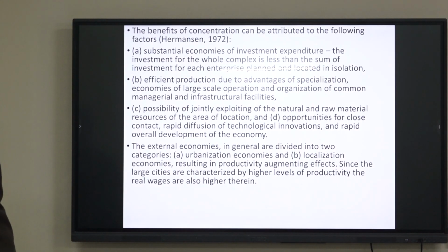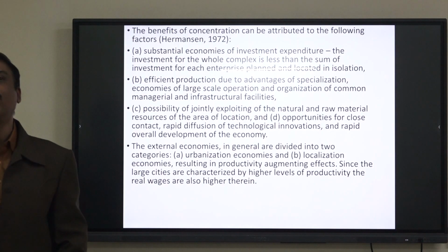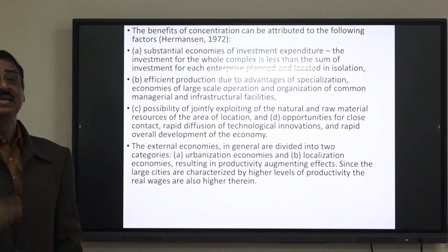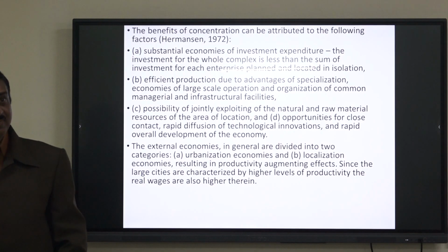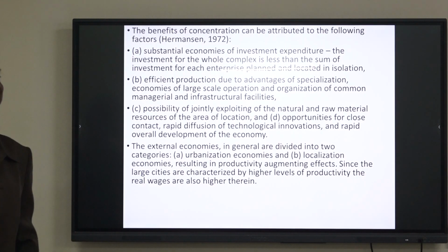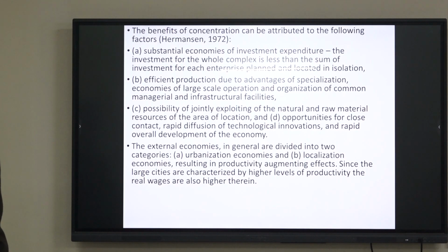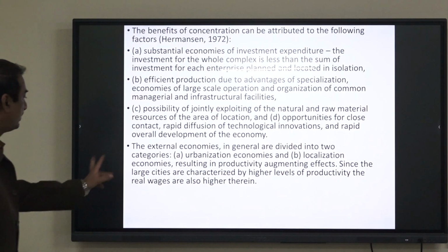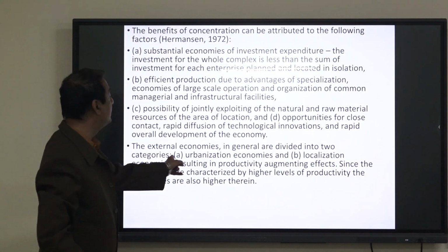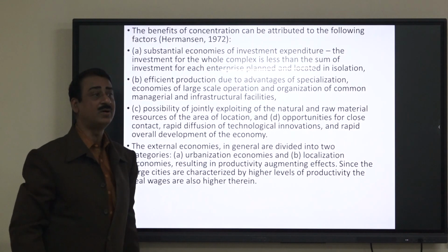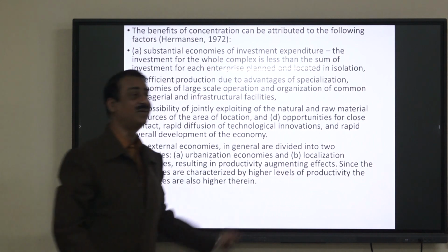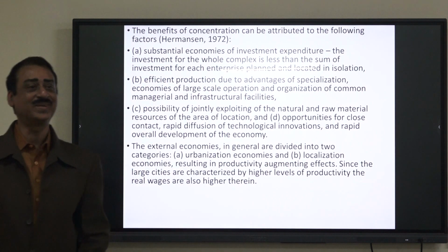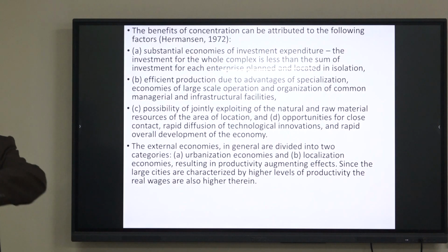Henderson says no, it's not concentration of all kinds of activities, but of specific types of activities. You are engaged in ICT, I am engaged in ICT, we should go to Hyderabad or Bangalore. That is the ICT model. So Mills' concept is called urbanization economies, and Henderson's concept is called localization economies. Both are agglomeration economies, but conceptually they are slightly different.